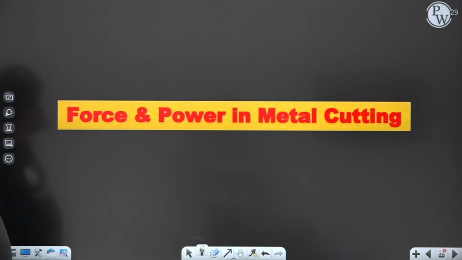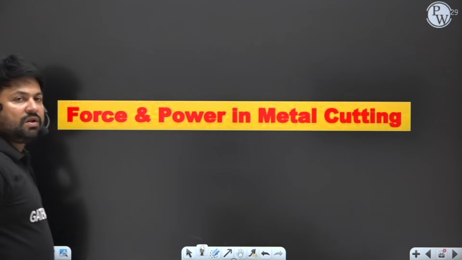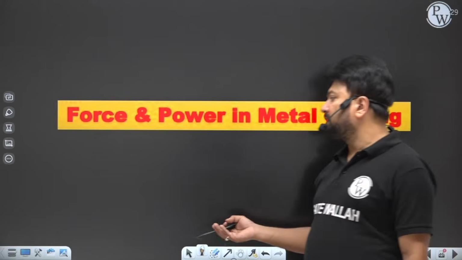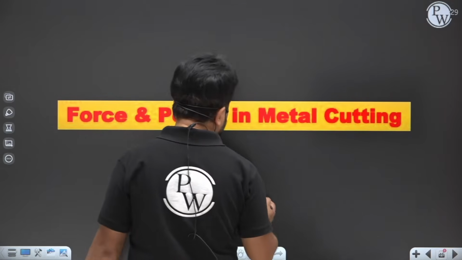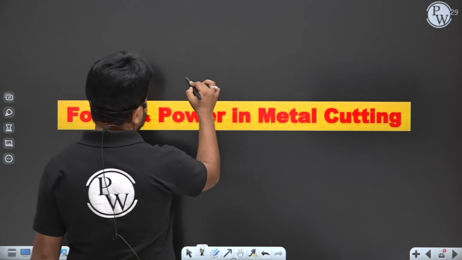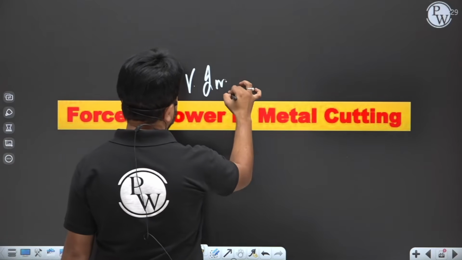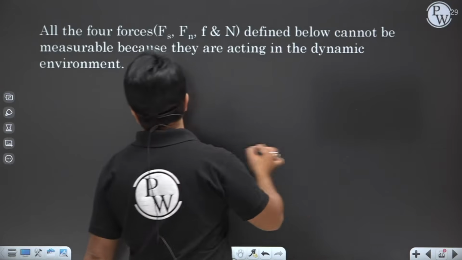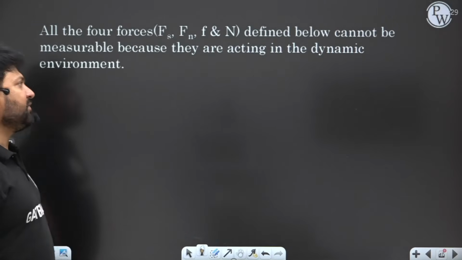So what we have to do is remember all the formulas before entering this section: the shear angle formula and the velocity triangle formula. This is a very important section. Now let's discuss force and power analysis.